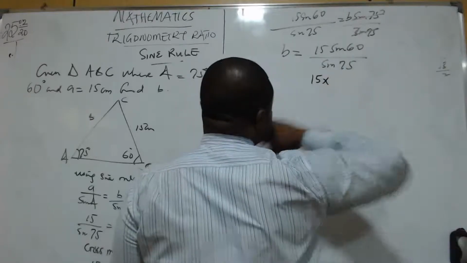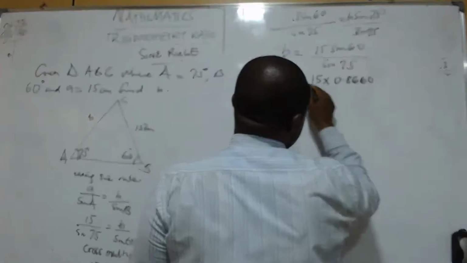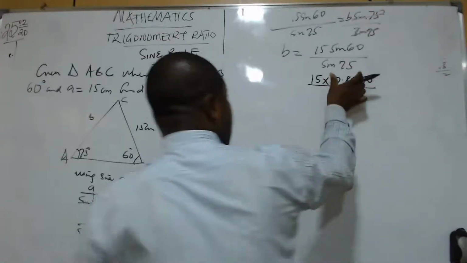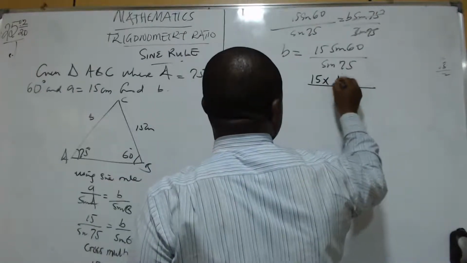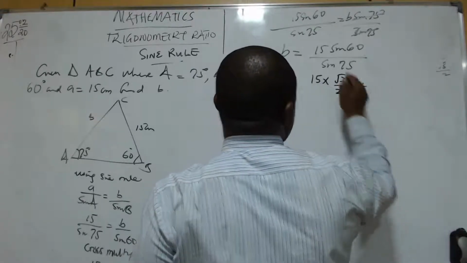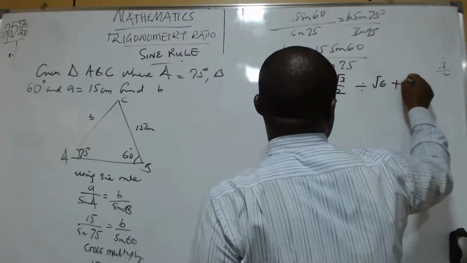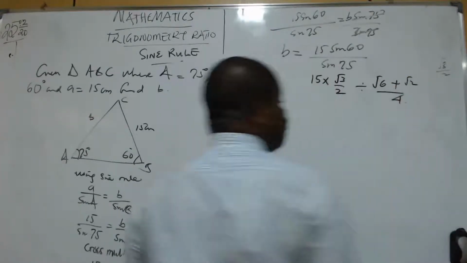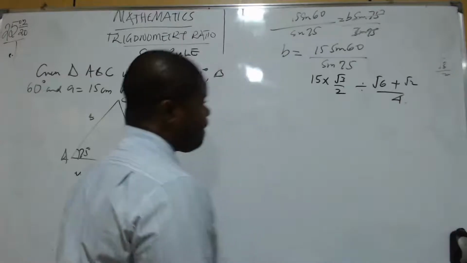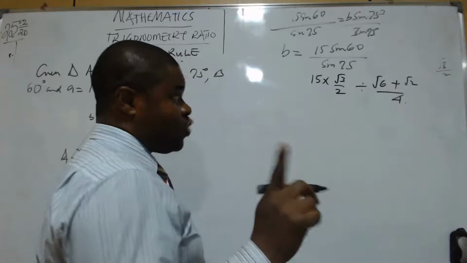Sine 60 is root 3 over 2, and sine 75 is root 6 plus root 2 over 4. Mind you, you are not a calculator, do not waste your time.